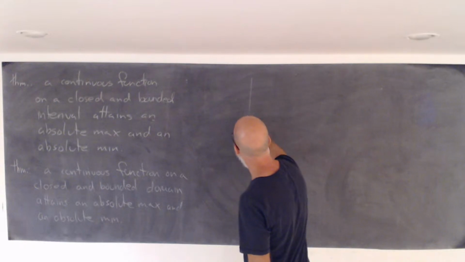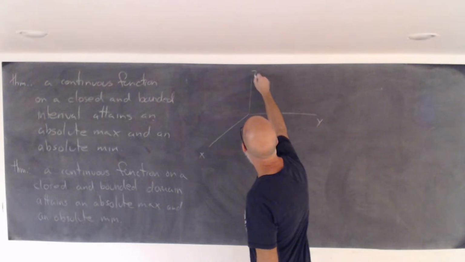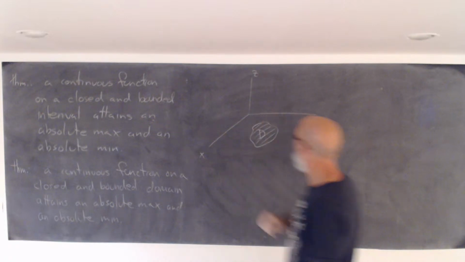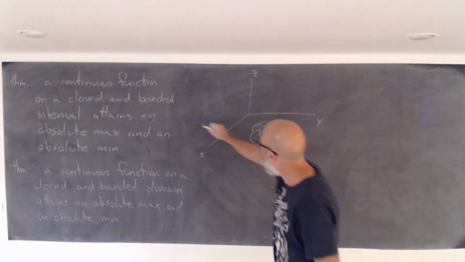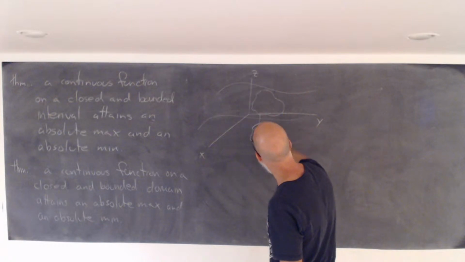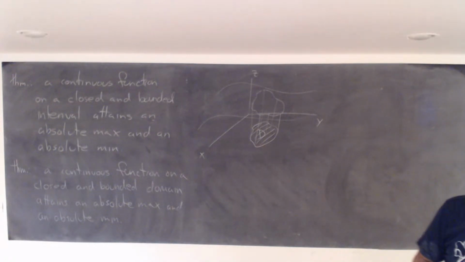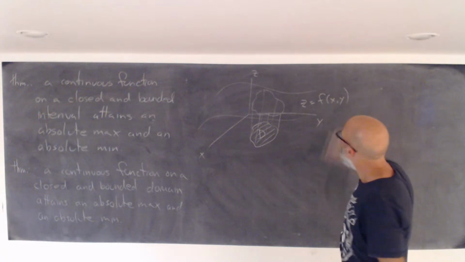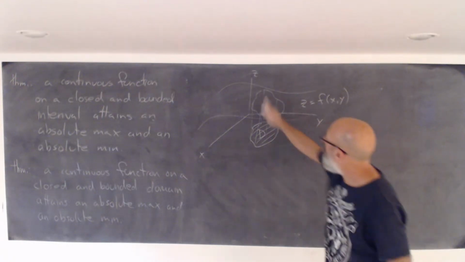Let's draw a picture of what's happening here. In 2D, let's say. If you have a closed and bounded domain, and you have a function hovering above, if you restrict your attention to the stuff just above it, if this function z is continuous, then there exists an absolute max and an absolute min, right?